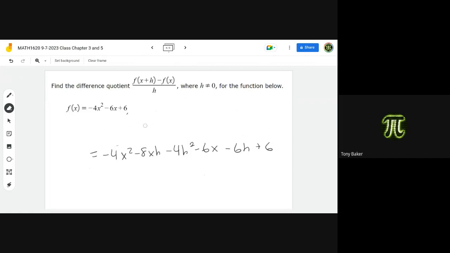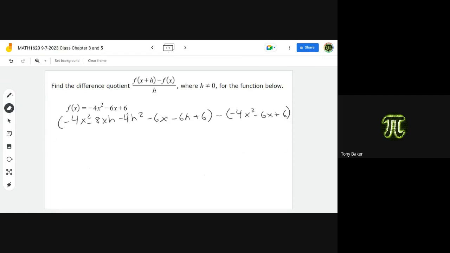So now we can plug everything back in. So I've got negative 4x squared minus 8xh minus 4h squared minus 6x minus 6h plus 6, minus negative 4x squared minus 6x plus 6. So now we can clean up the top.